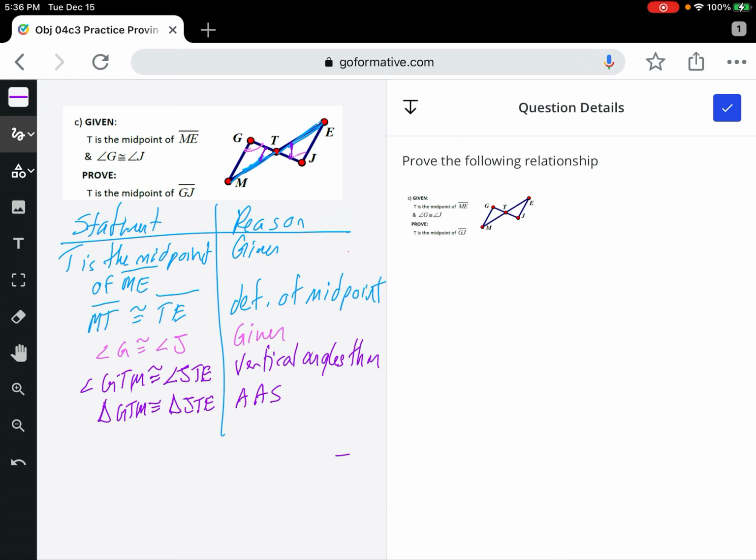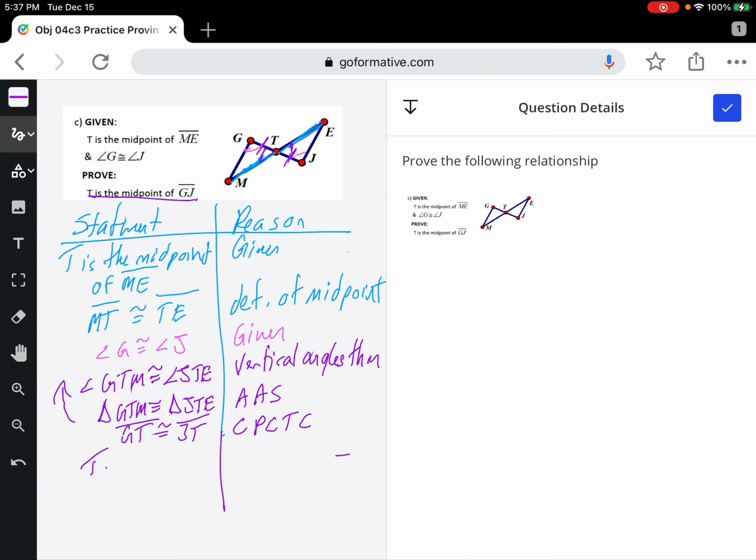Once I know that, I'm trying to prove that T is also the midpoint of GJ. If T was the midpoint of GJ, then these two parts would be congruent. So the opposite is also true. If both of those parts are congruent, then T has to be the midpoint. And I know from all of my information up here that GT must be congruent to JT because corresponding parts of congruent triangles are congruent.